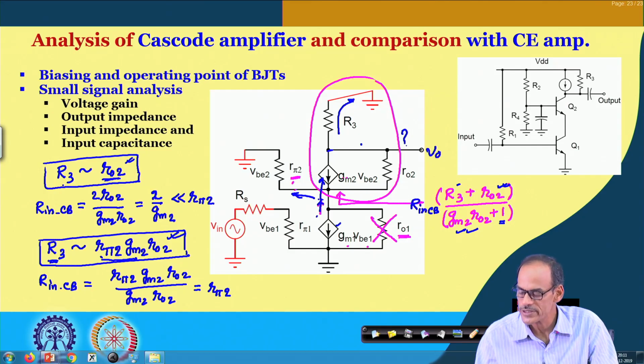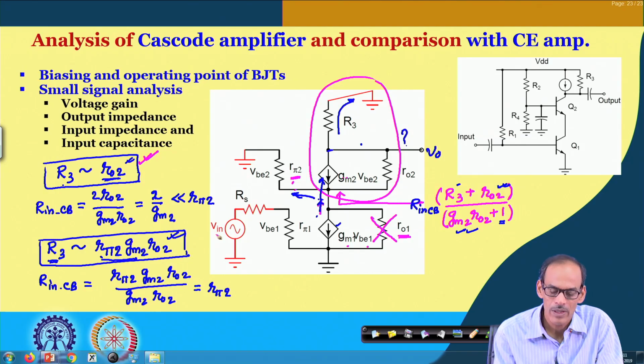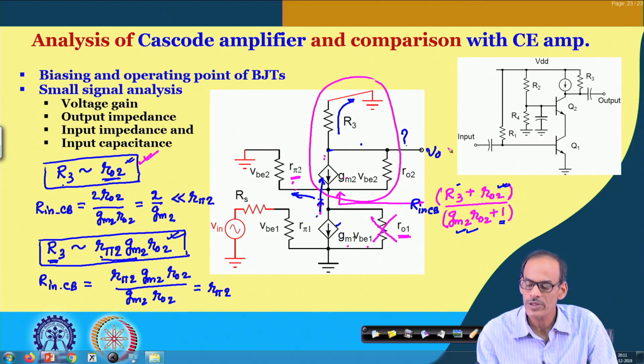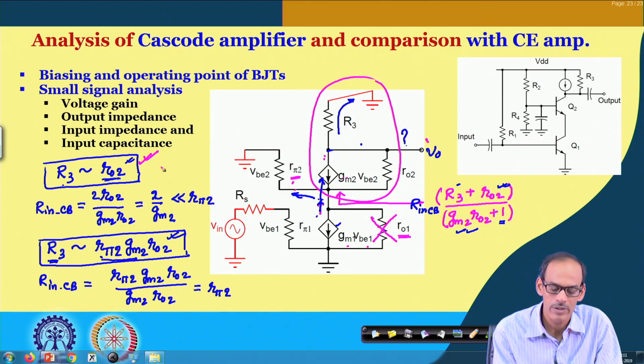So, for the two cases, if I consider this case, then almost the entire current is flowing here and the corresponding voltage gets developed here.